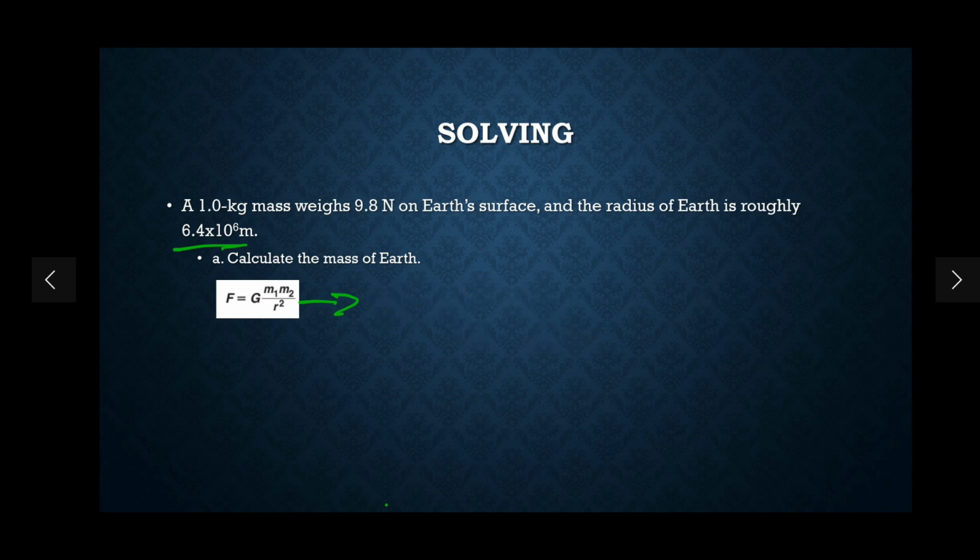We would manipulate it since we have m1, which is 1 kilogram, and m2, which is the mass of Earth that we need to find. We would say that m_E equals F r squared over G m1.